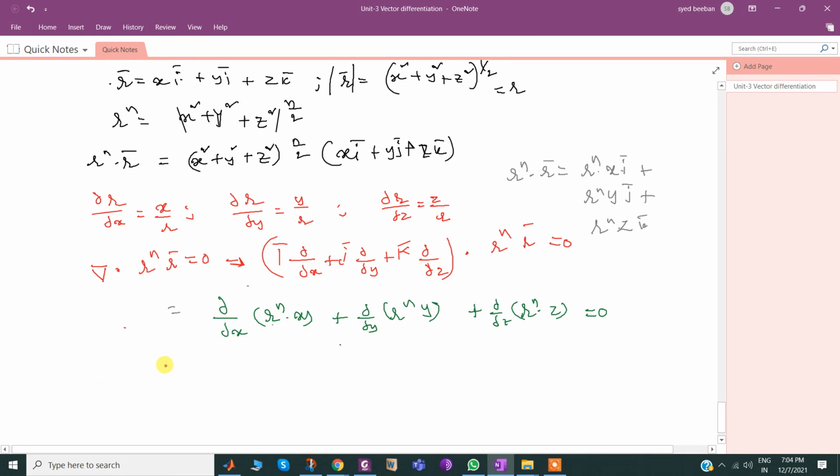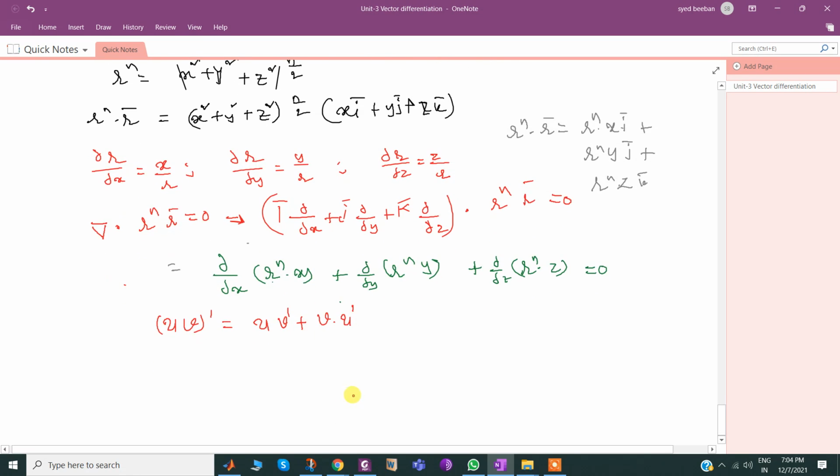UV formula: (uv)' equals u times the derivative of v plus v times the derivative of u, or u'v plus v'u, either one we can write. So based on that, here in the r also there is x, here in x also there is x, that I am checking here.